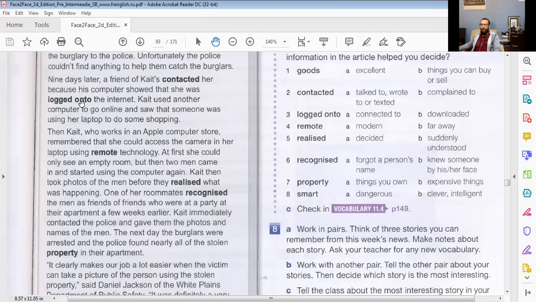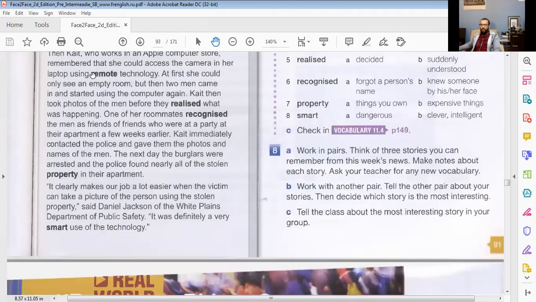And logged onto? Also verb. Yes, correct. Using remote technology? Adjective, maybe. That's correct. It's an adjective. They realized?